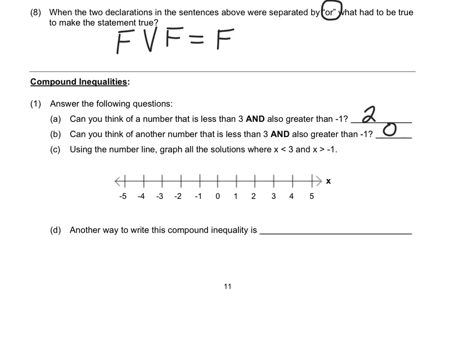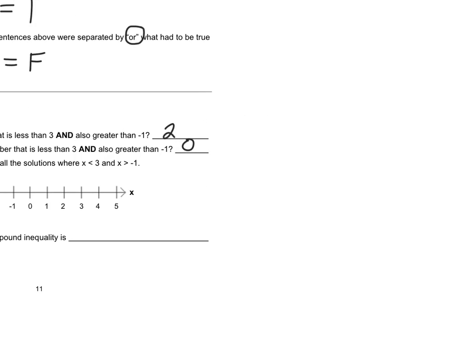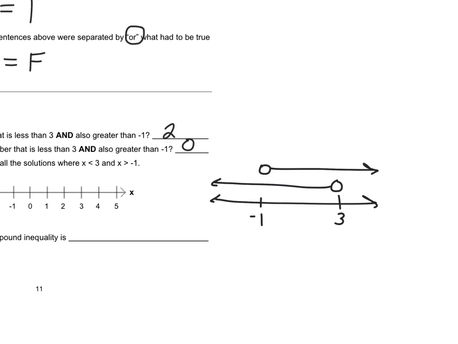So what we want to do is graph all the solutions where x is less than 3 and greater than -1. What I'm going to do is right off on the side here, do a little quick sketch of a number line. So here's 3, and here's -1. I want all the values that are less than 3 while also being greater than -1.